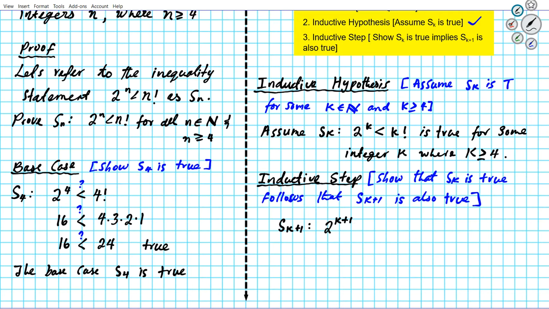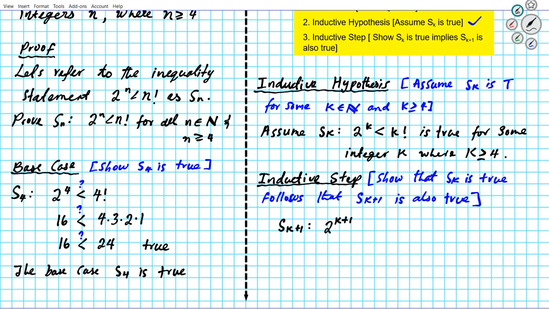So the goal is to show that 2 to the k plus 1 is less than k plus 1 factorial using the inductive hypothesis, S of k. We have the left side down, and we want to show that it's less than k plus 1 factorial.